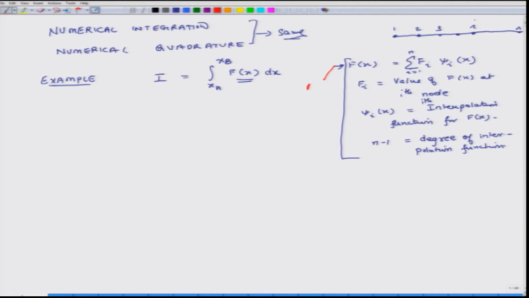Now, please note that this is approximation, and this one is exact. f x is exact, and f I psi I, we are approximating it.